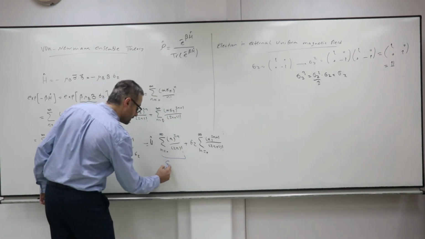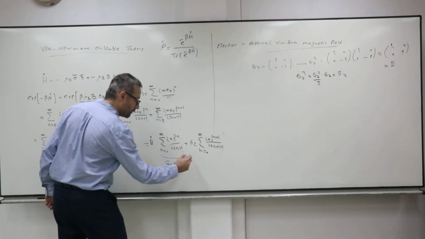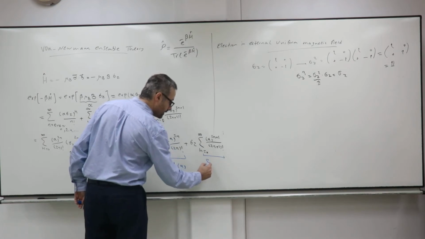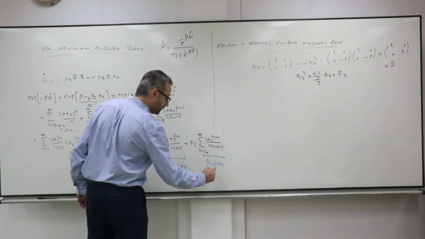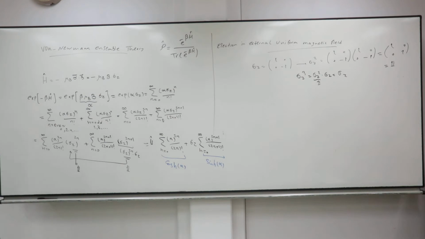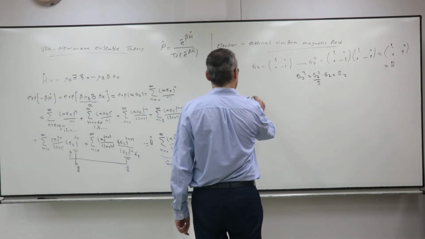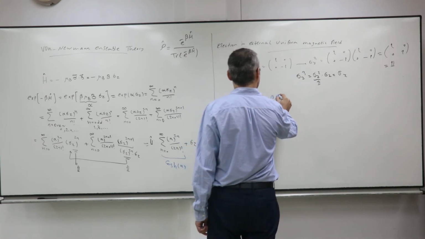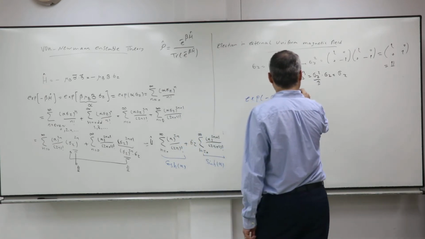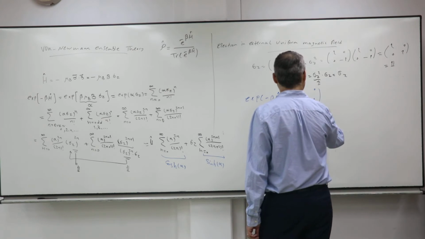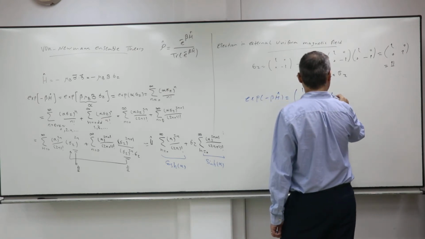This is the cosine hyperbolic of alpha. And the odd sum is the sine hyperbolic of alpha. So the exponential of minus beta h is the matrix 1 multiplied by cosine hyperbolic alpha.